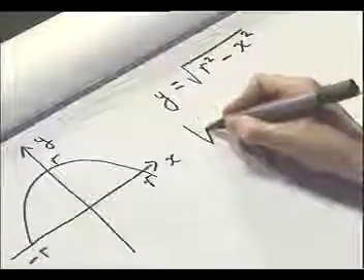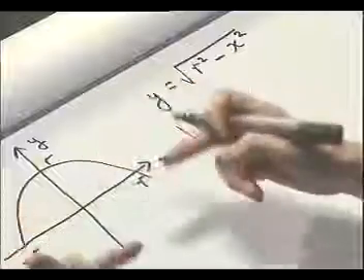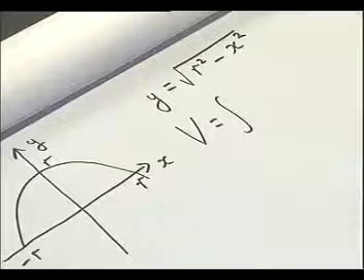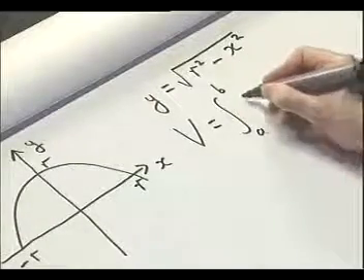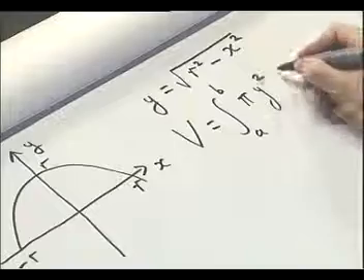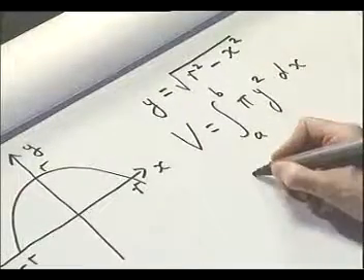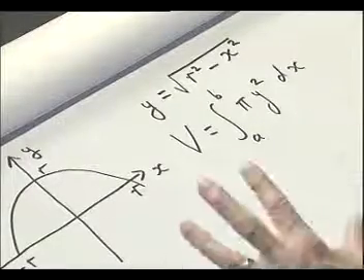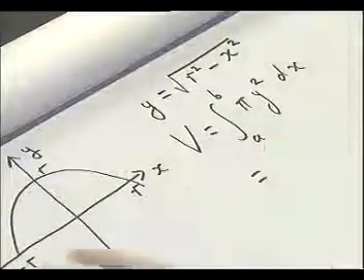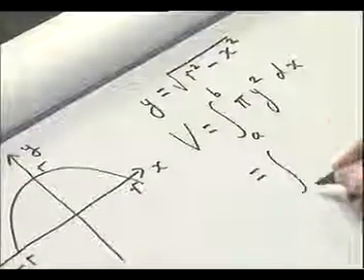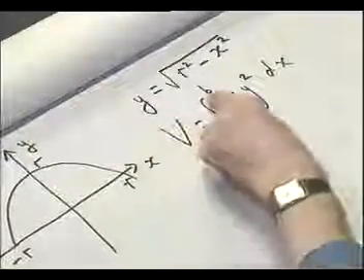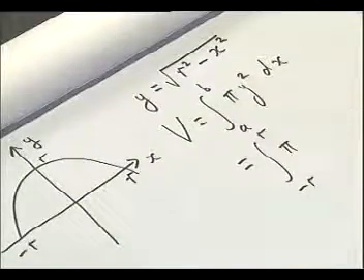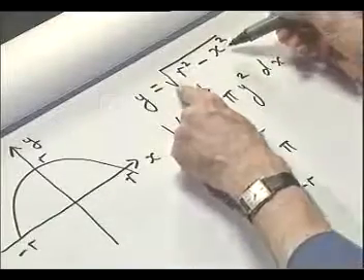The volume of the sphere that we get when we rotate this semicircle through 360 degrees is the integral from a to b of pi y squared dx. And now let's identify what the a and the b and the y squared are. So the a is minus r, and the b is r, and for pi y squared we need to square this.